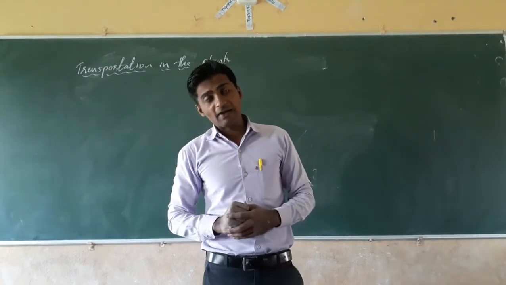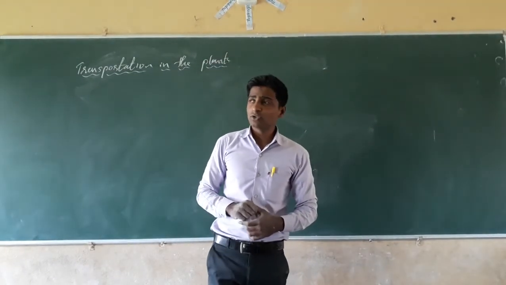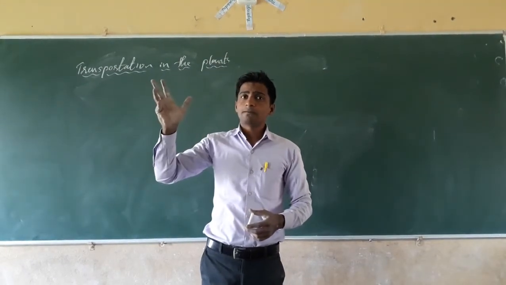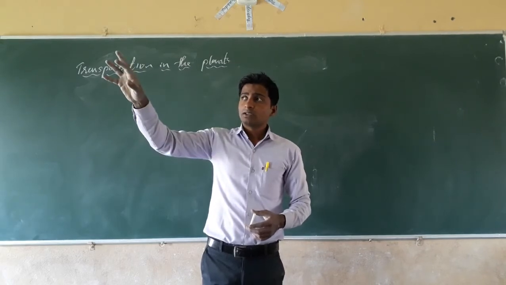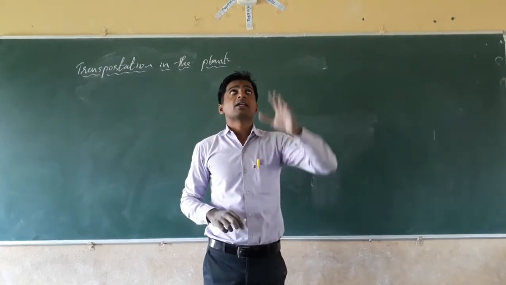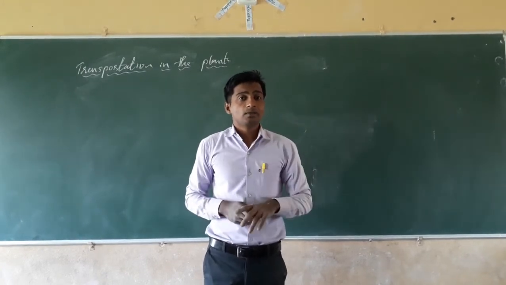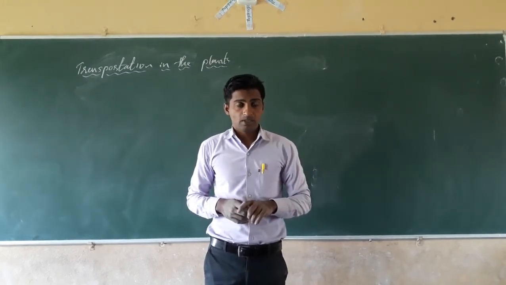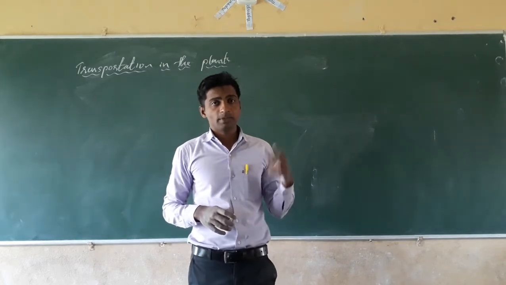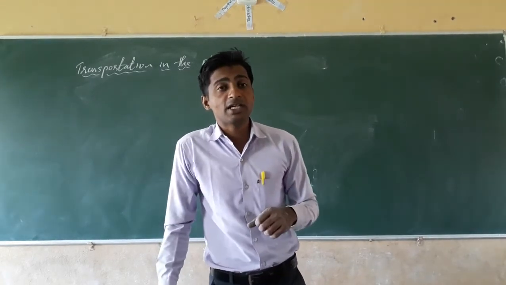Next, in the case of plants, the food is prepared in the leaves with the help of the photosynthetic process that we have studied in the previous topic on nutrition in plants.